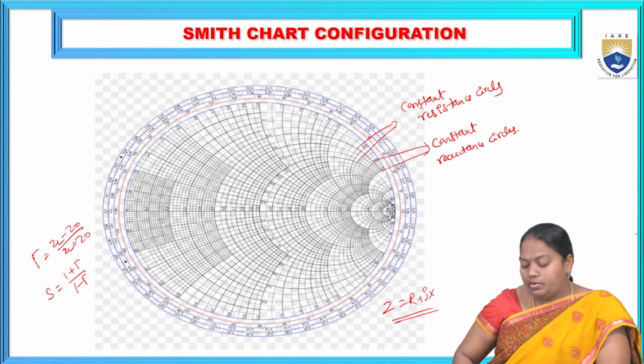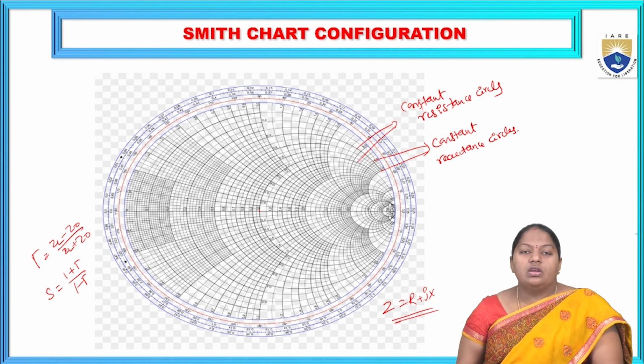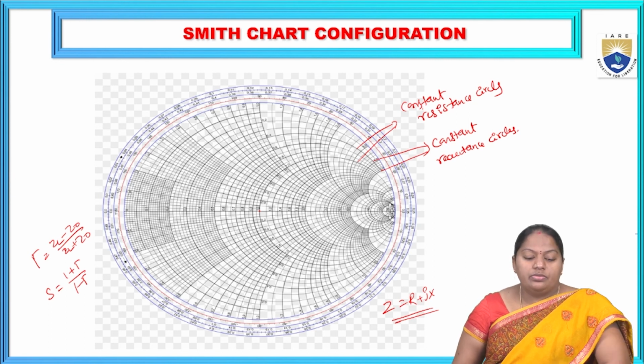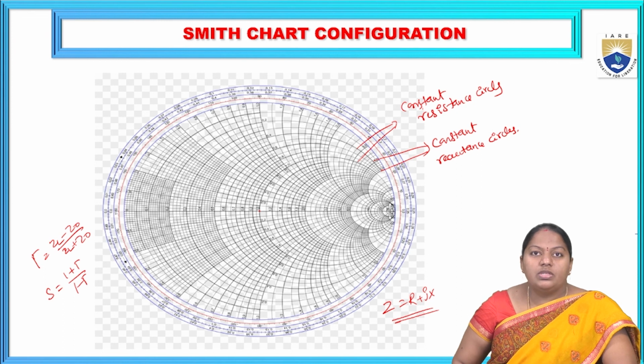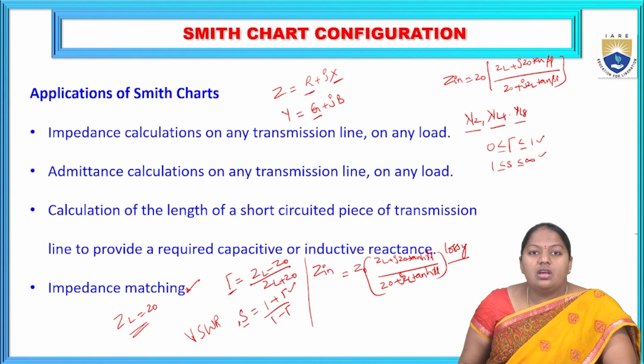Along with the Smith chart configuration, we have discussed some applications of Smith charts also. The applications are impedance calculations, admittance calculations, and the length of a lossy or lossless transmission line.